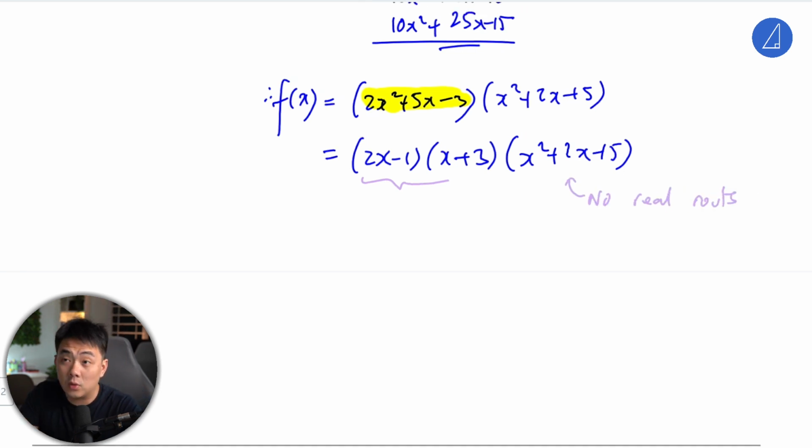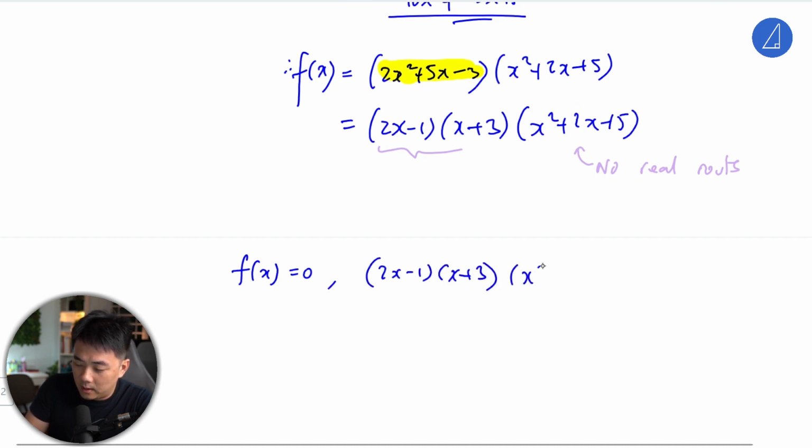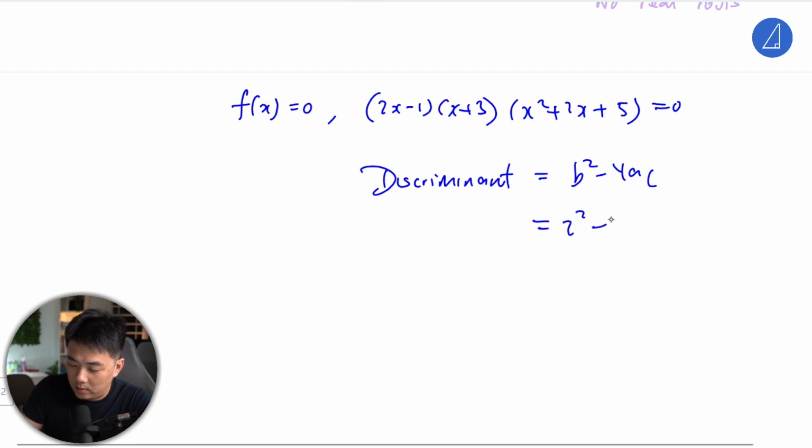We can just use the discriminant. So when f(x) equals 0, (2x minus 1)(x plus 3)(x squared plus 2x plus 5) equals 0. So discriminant b squared minus 4ac is 2 squared minus 4 times 1 times 5, which is 4 minus 20, which will be negative 16.